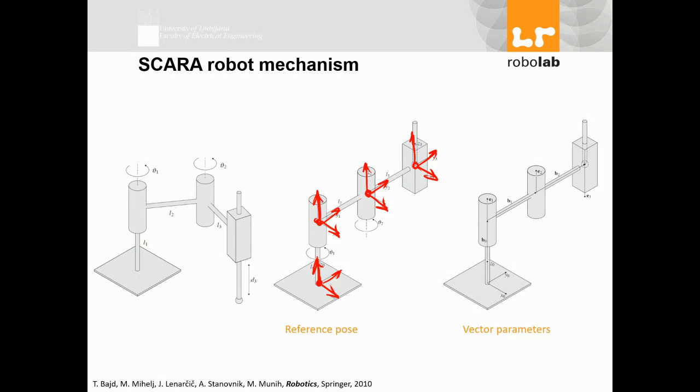Then E vectors. So for this one, E will be this, it's E1. For this one, E will be this, E2. For this one, E will be this.